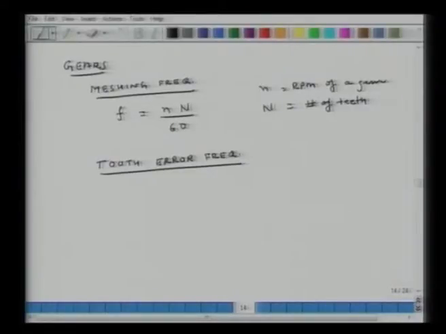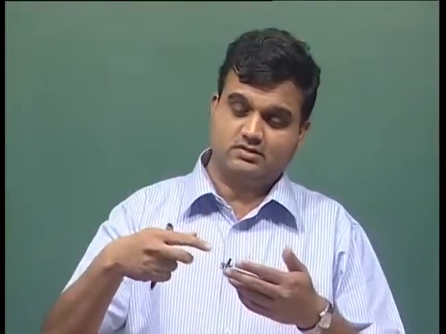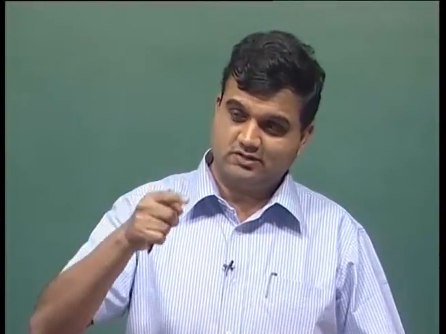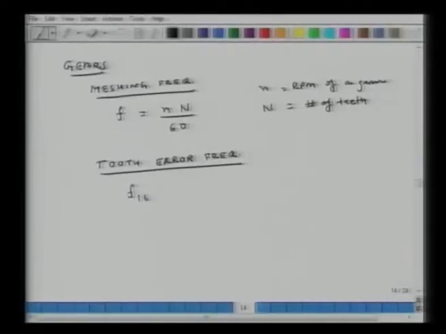Okay. So tooth error is that suppose you have two mating gears and one particular tooth is broken or damaged, then in every revolution it will come and generate its own signature. So we call that F1E, and that is essentially n over 60 hertz.